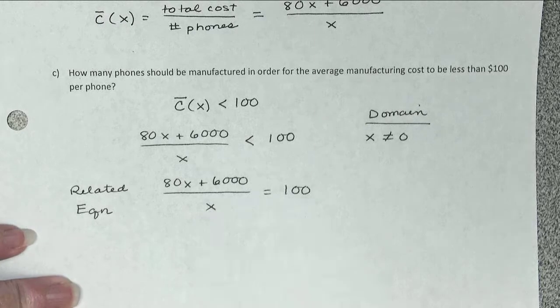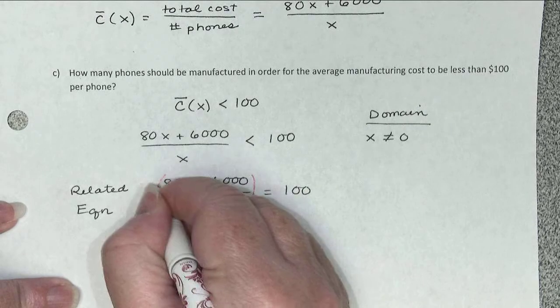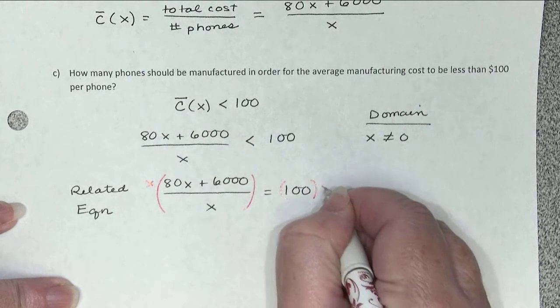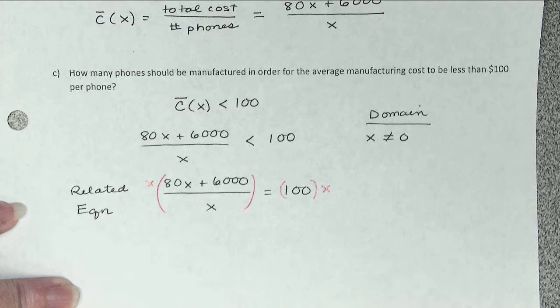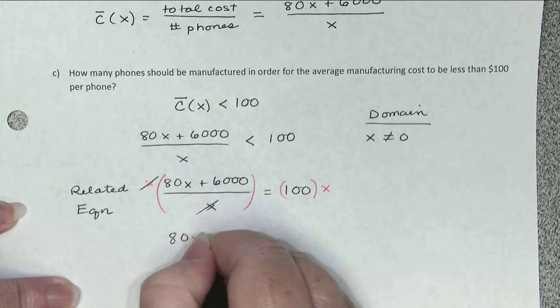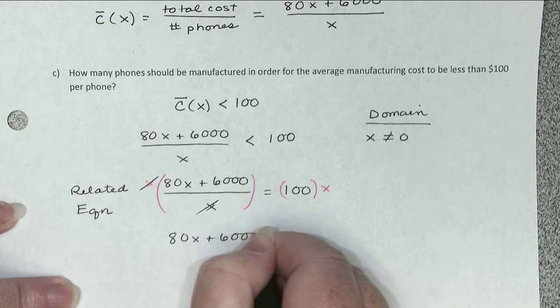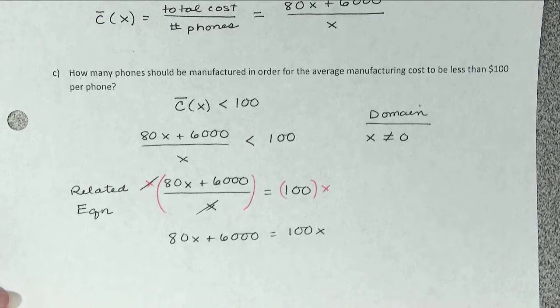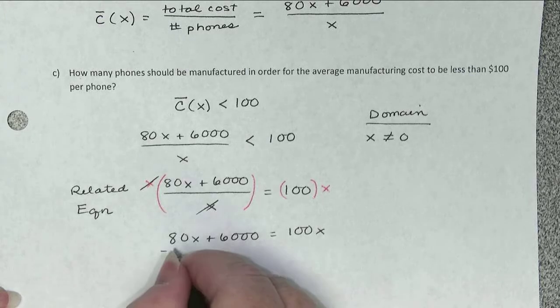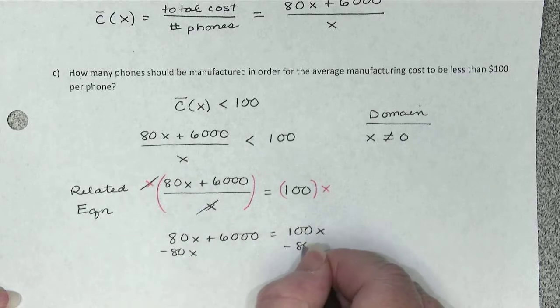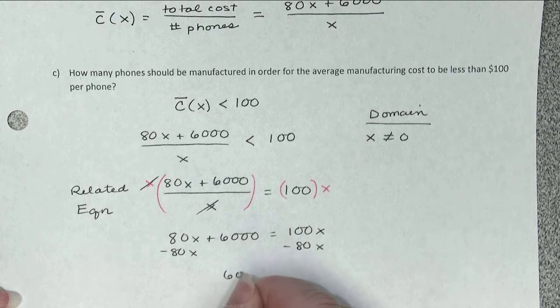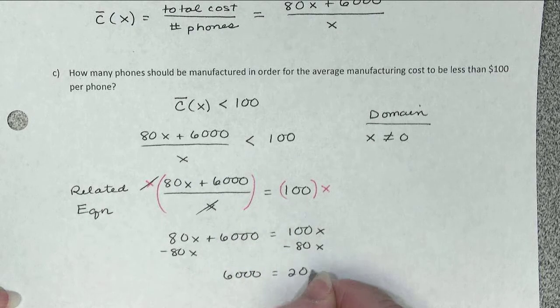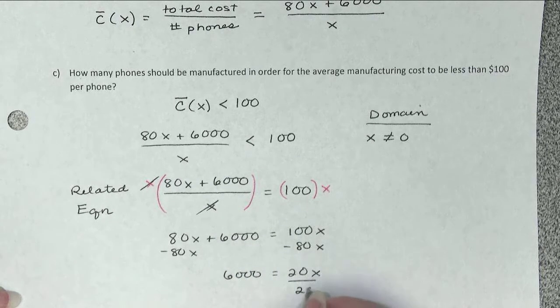So I'm going to multiply both sides by the only denominator, which is x. Divides out on this side, so I have 80x plus 6,000 equals 100x. And let's see, that'll give me 6,000 equals 20x. And it looks like x is going to be 300.